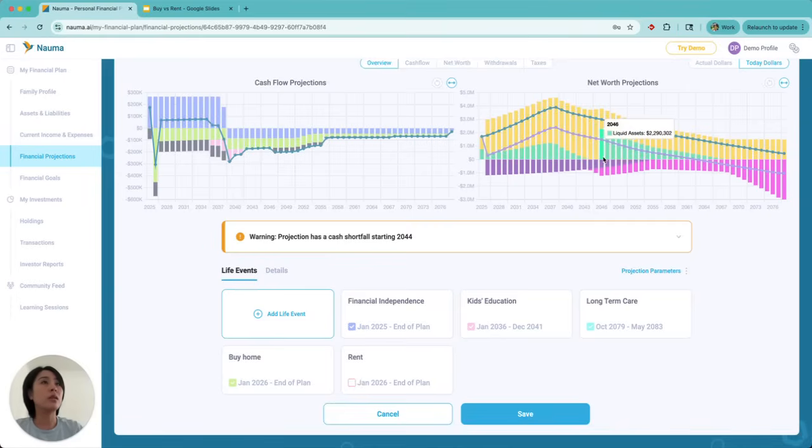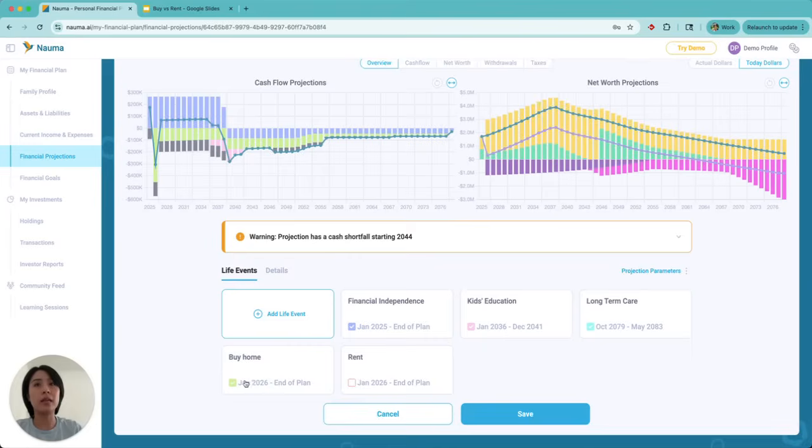And before their 401k becomes available, there are a couple of years where they don't have any cash to cover their regular expenses. There is a liquidity issue that shows up in this purple pink color as a cash shortfall. So if I do buy a home, I wouldn't be able to make a valid projection because I ran out of money before my 401k becomes available.